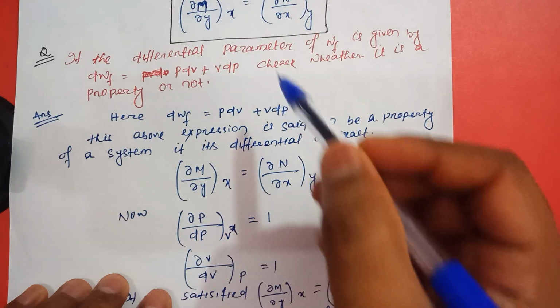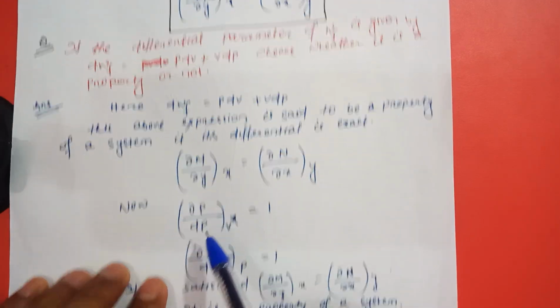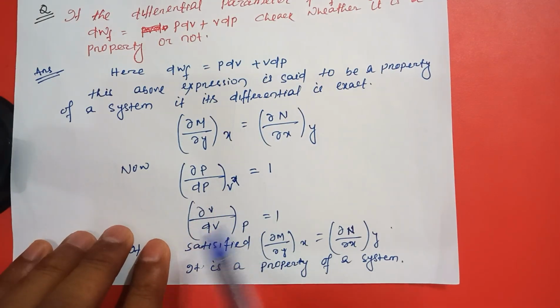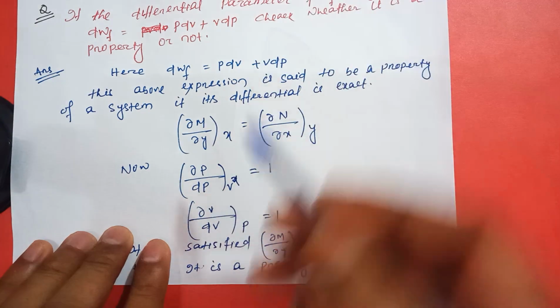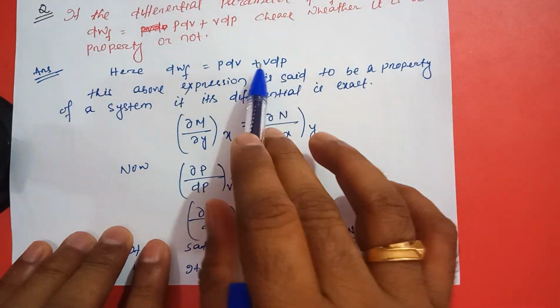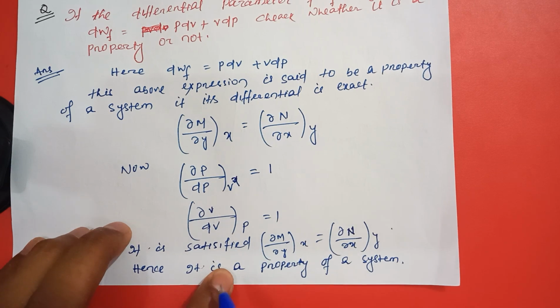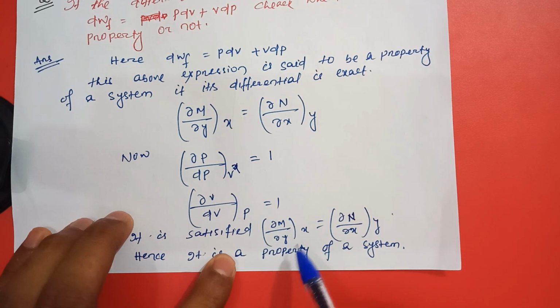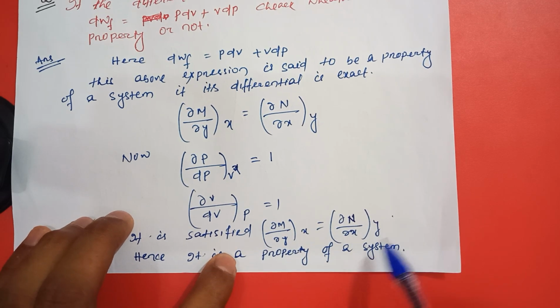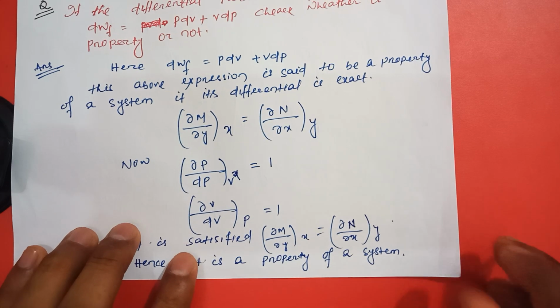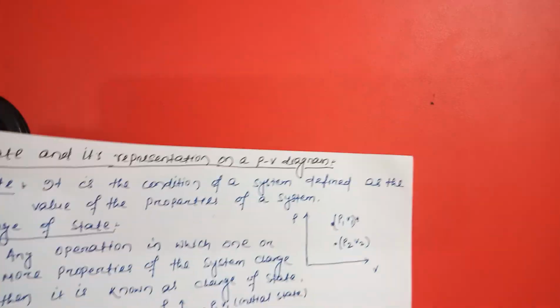Now here, del p by dp of v equals 1. Similarly, del v by dv of p equals 1. So it satisfies the equation del M by del y of x equals del N by del x of y. Hence it is a property of the system.